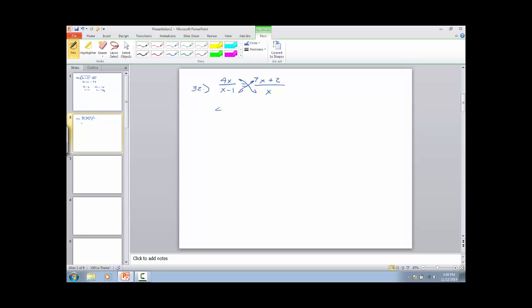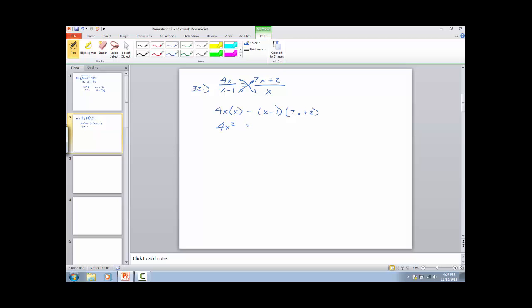So let's do that. 4x times x. That gets one of our sides. Now this is a little bit crummy, but we can do this. x minus 1 times 7x plus 2. Okay, this is going to be the tougher side. Let's go to this side. So we're going to end up here with 4x squared.